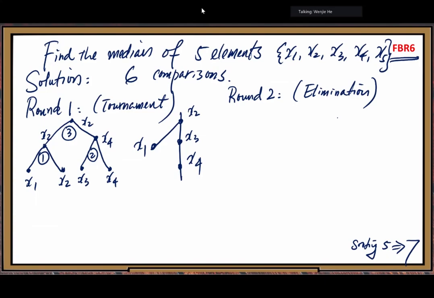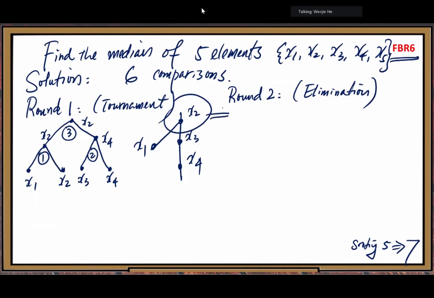When you look at this diagram, which one cannot be the median? X2, because X2 is greater than at least 3 elements.